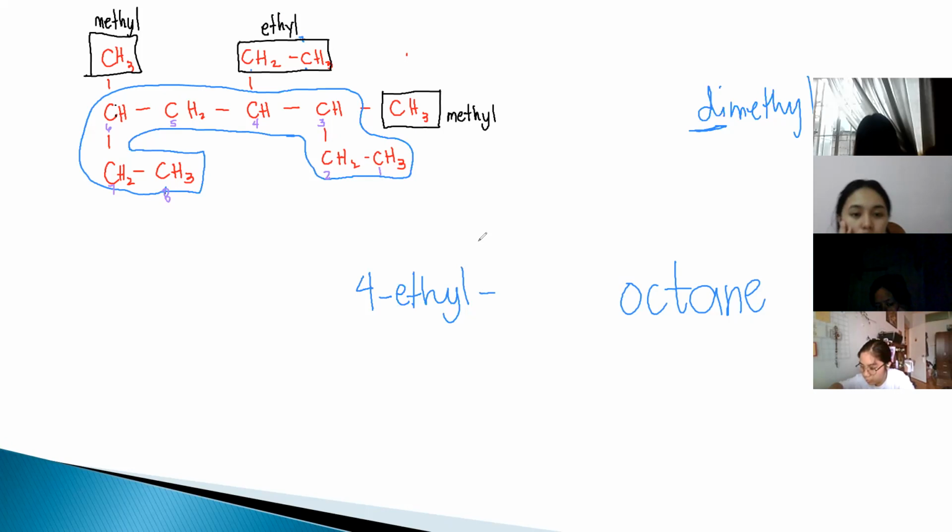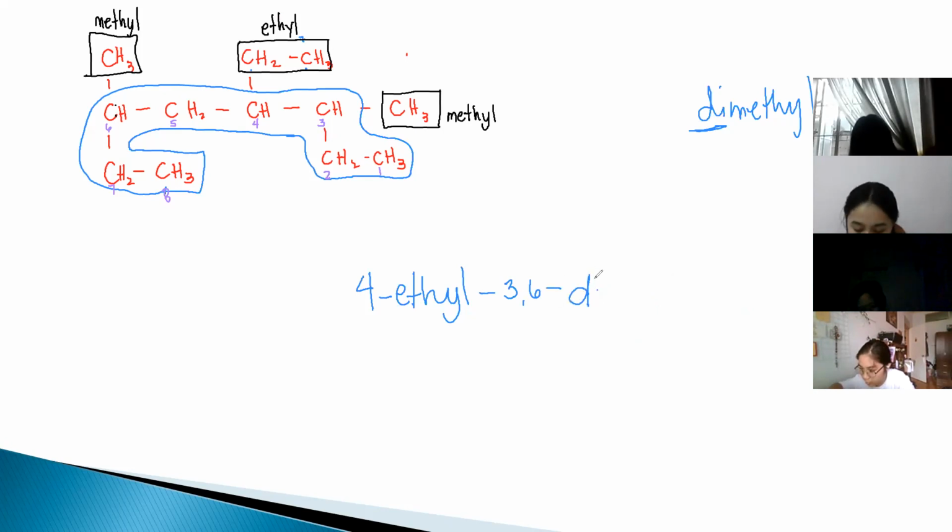So, idudugtong ko si dimethyl pero let me check first the number ng carbon na naka-attach sila. Siyempre, number 3 and number 6. Let me delete the octane. And then 3,6 dash dimethyl. And then octane. So this is the correct name of this compound.